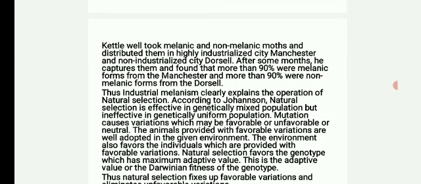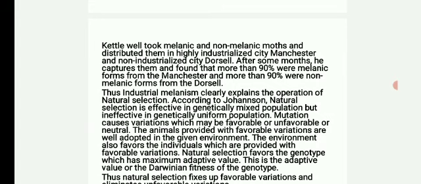According to Johannsen, natural selection is effective in genetically mixed populations but ineffective in genetically uniform populations. Mutation causes variations which may be favorable, unfavorable or neutral. The animals provided with favorable variations are well adapted in the given environment.